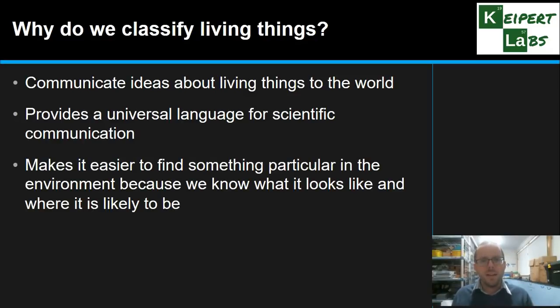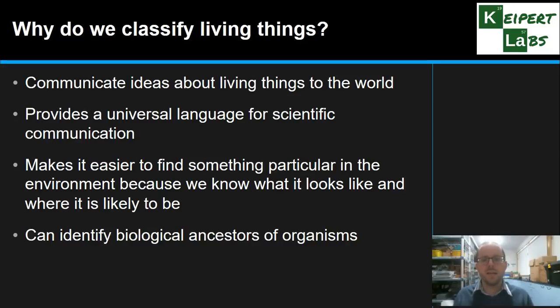It also makes it easier for us to find a particular living thing in the environment, because based on the way it's classified, we know what it looks like, we know what features it has, and we know where it's likely to be, so we know where to look. Okay, so if we're trying to collect a particular organism, it allows us to do that more effectively. And it also means that we can identify ancestors of organisms that are present day, being able to trace things back into history as well.